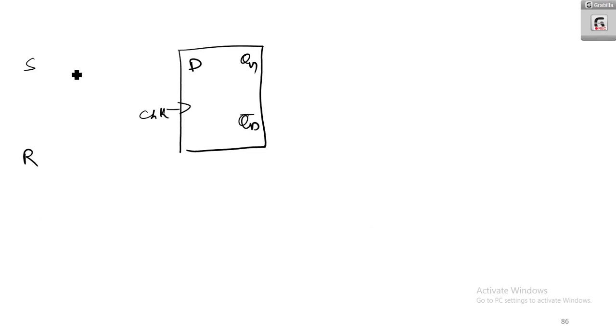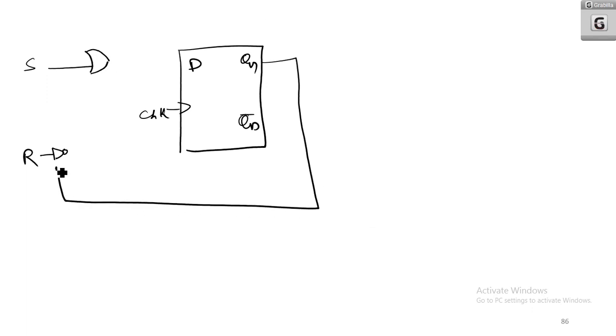So you can write S or R bar Qn. Qn is here. So here what we get? This is R bar Qn.